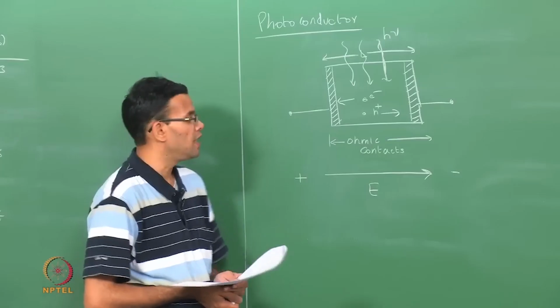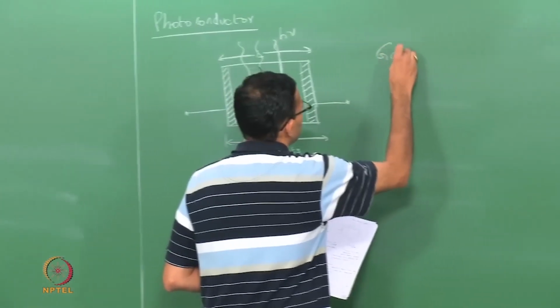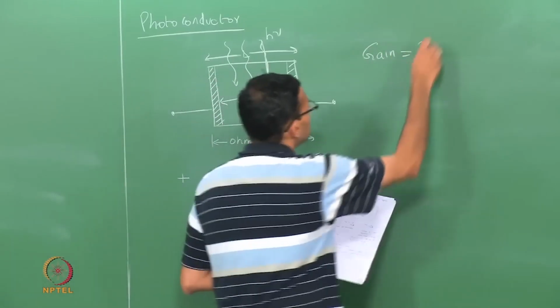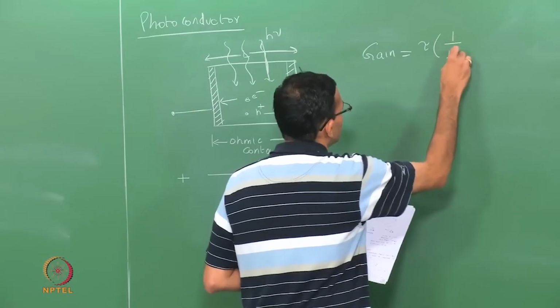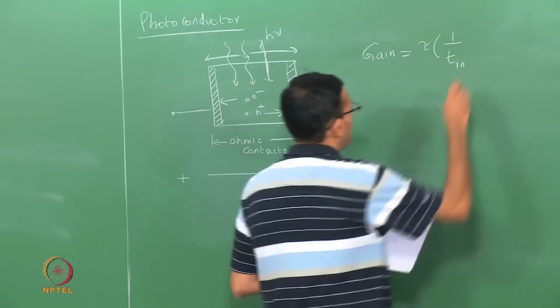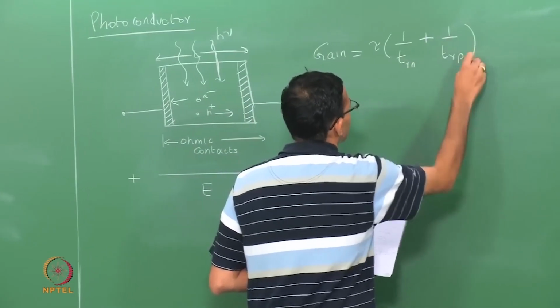In this type of device, the gain is given by tau divided by the transit time for the electrons, plus 1 over the transit time for the holes.